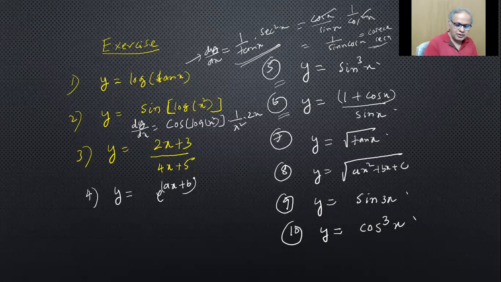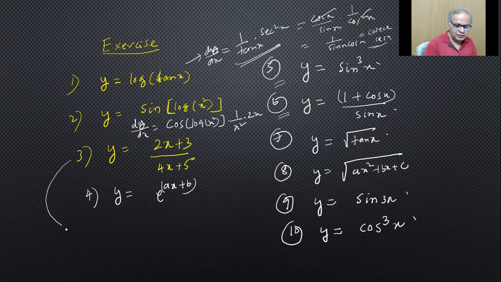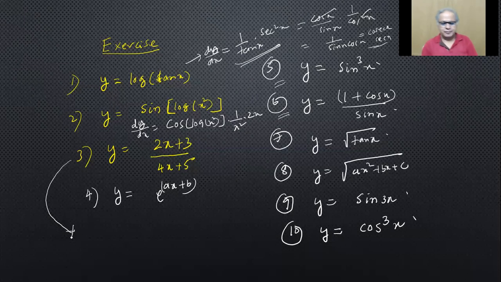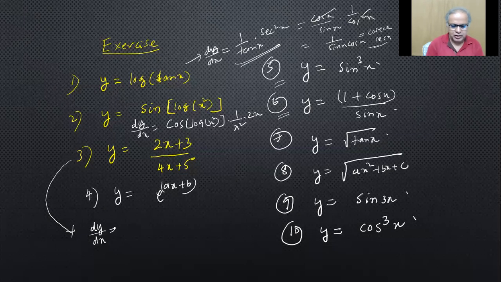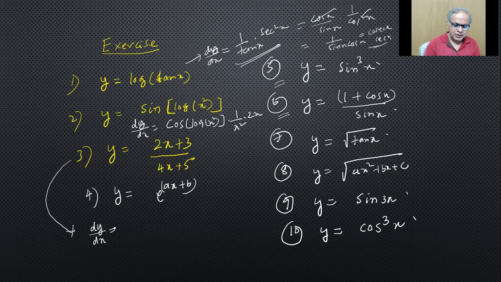So somebody tell me for the third one, dy by dx. We'll try to write in 1 or 2 steps, not more than 2 steps.